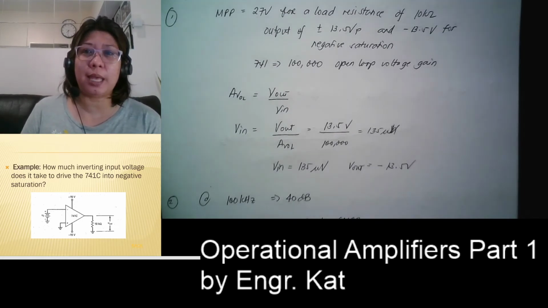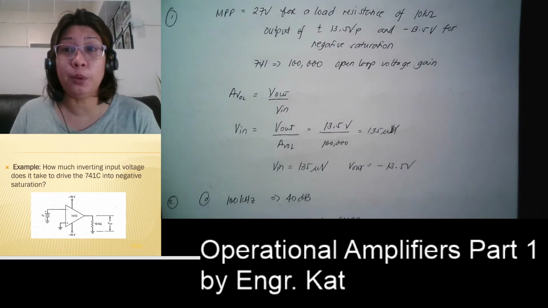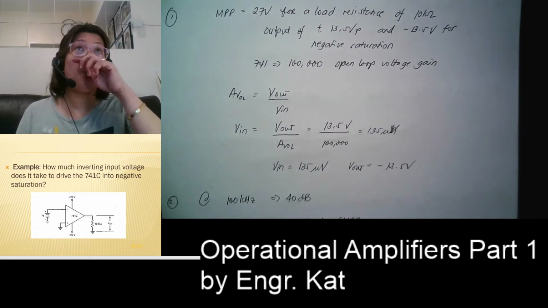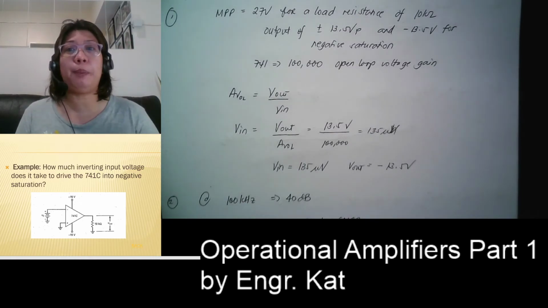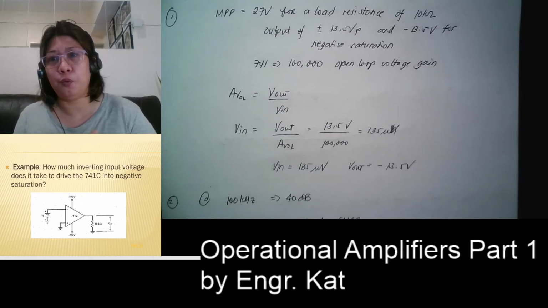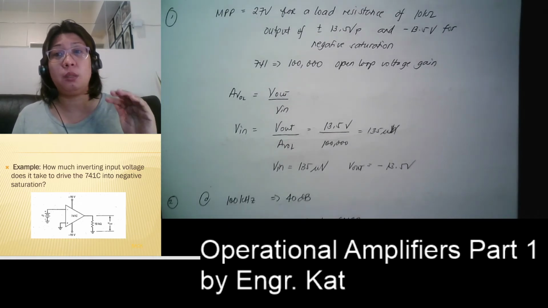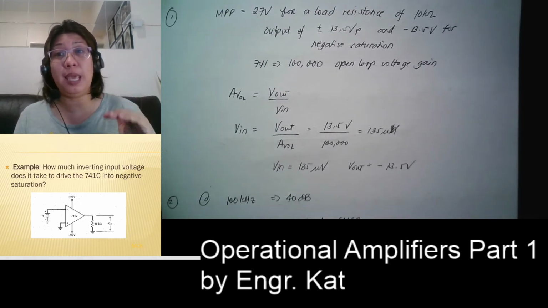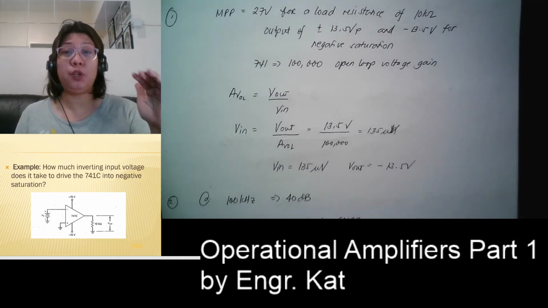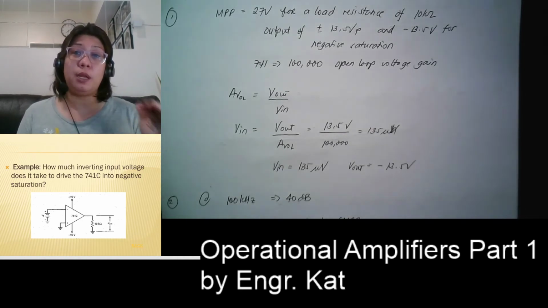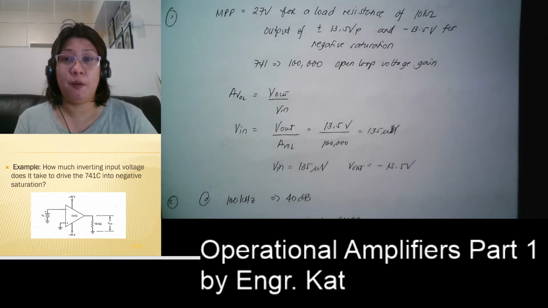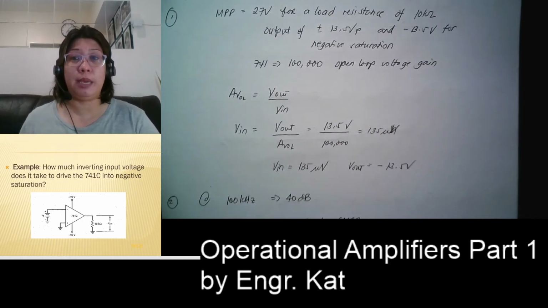You can multiply by 100,000 all inputs below 135 microvolts, but once it reaches 135 microvolts and above, it will be saturated at negative 13.5 volts. So that is what is meant by that. Okay?